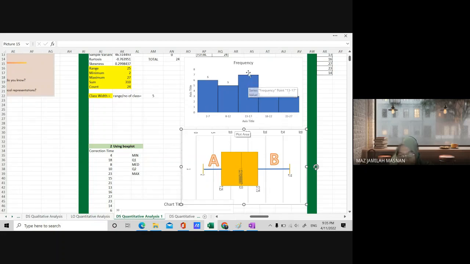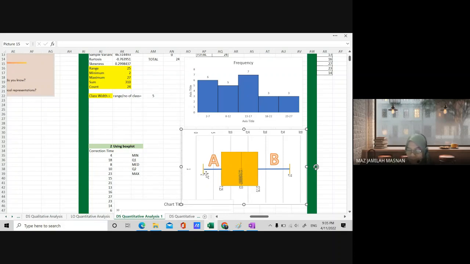The frequency for the third bin is 7, for the second bin is 5, the first bin is 6, whereas for the bin at the higher value only 3. That's why the whisker here is a bit longer than A. And in fact, the box inside is nearer to the lower value because the concentration of the data is in this particular side. That's why we can use these two as our distribution.